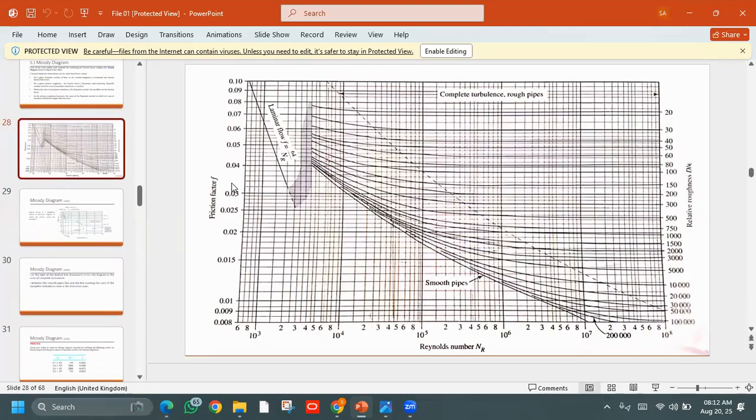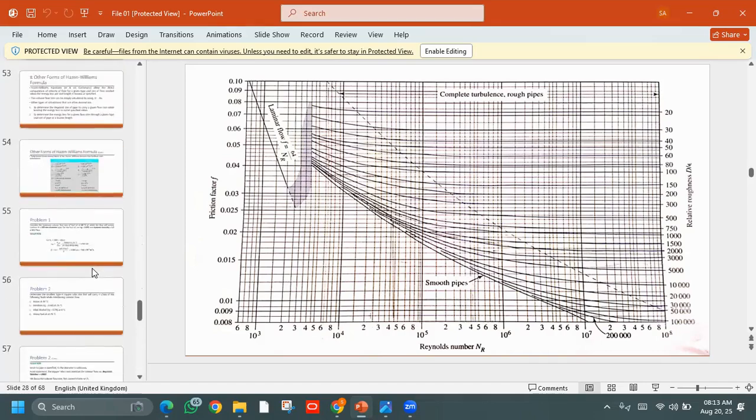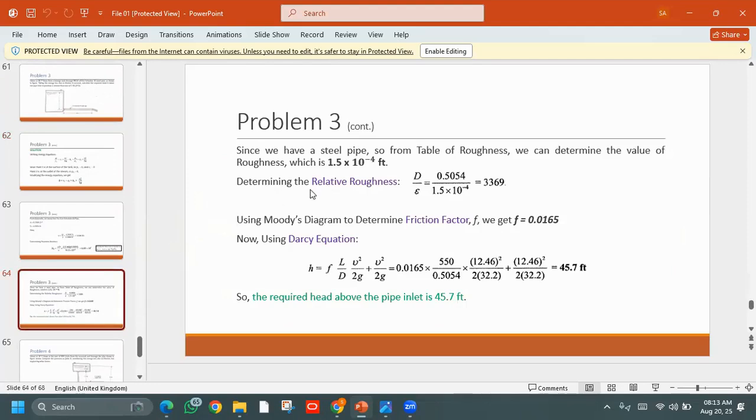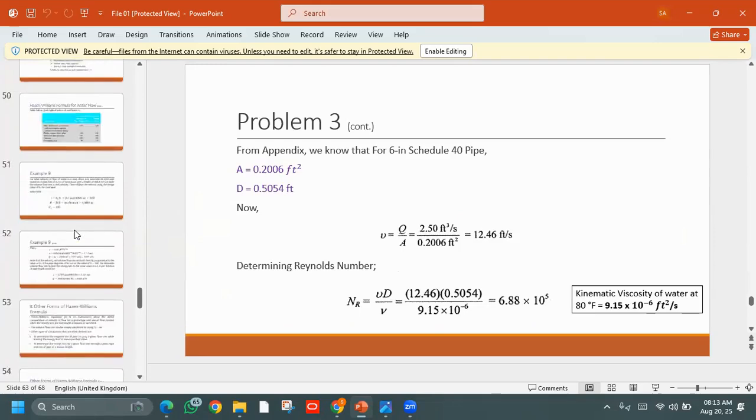So here's the Moody diagram. On the y-axis, we have the value of D over E, which is about 3369. That lies over here. And the value of Reynolds number is 6.88 into 10 raised to the power 5.